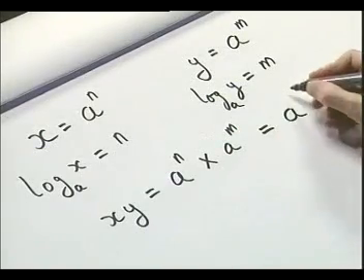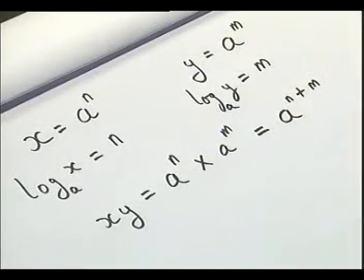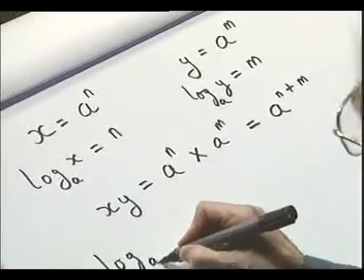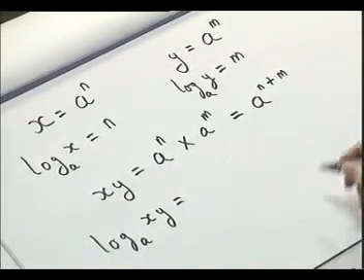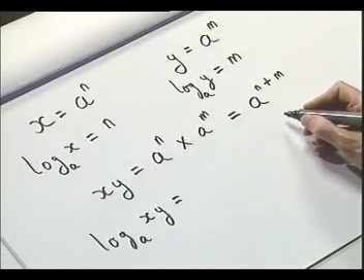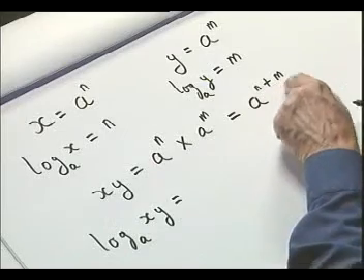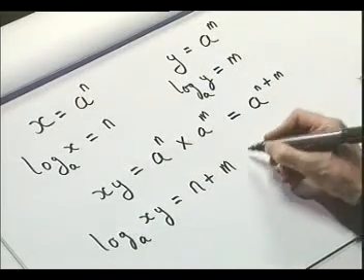So that's a to the n plus m. So what is the logarithm to base a of xy? Well, quite clearly from the definition we've had, xy is a to the power n plus m, so the logarithm is n plus m.